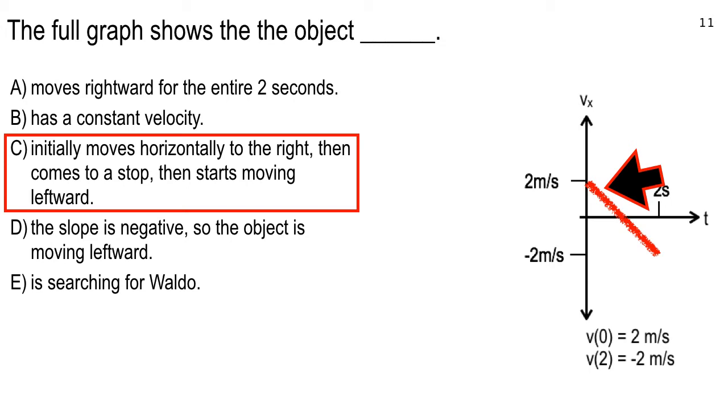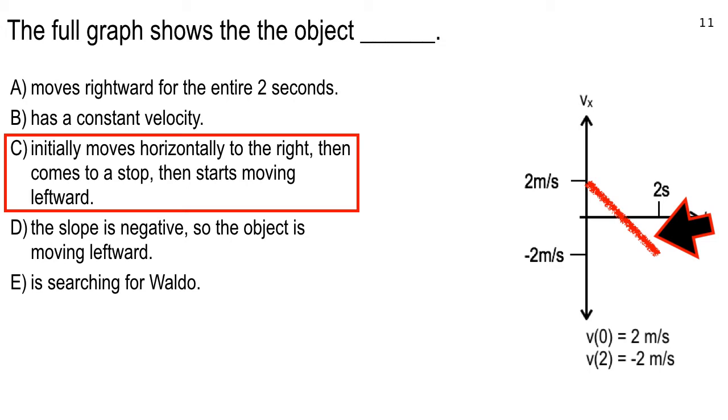It's not 2 meters per second the whole way, but it's still positive. And because it's positive, that means you're starting out to the right. But you're slowing down because eventually, in the middle, you come to a stop. But down here, in this half of the graph, you're negative. So that means you're moving to the left over here.